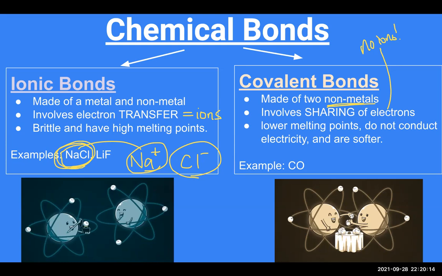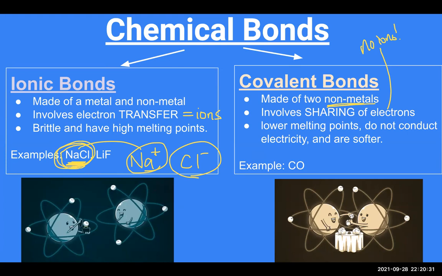Sodium chloride is only NaCl, one sodium and one chlorine. There is no other ratio that they can come together in. This is different from covalent bonds, which have a bit more variety of ratios that they can come together in since they're not made of charged particles.